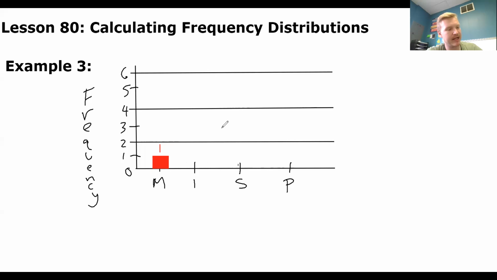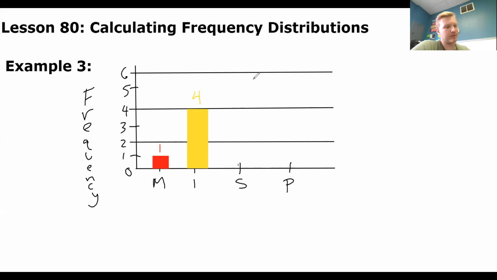I'm going to count how many I's are in Mississippi. So I have 1, 2, 3, 4. Okay, so 4 I's. That's going to be my yellow box. That's going to go up to that line right there. 4 of them total. Cool.